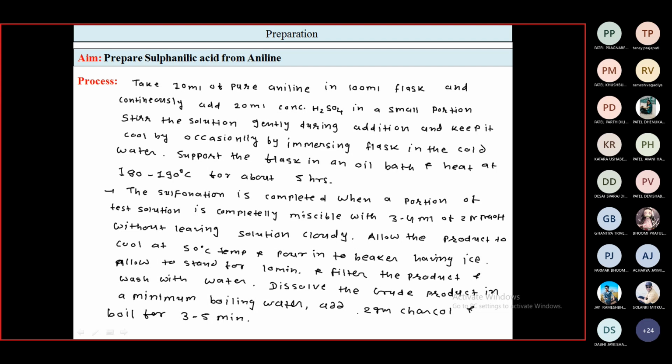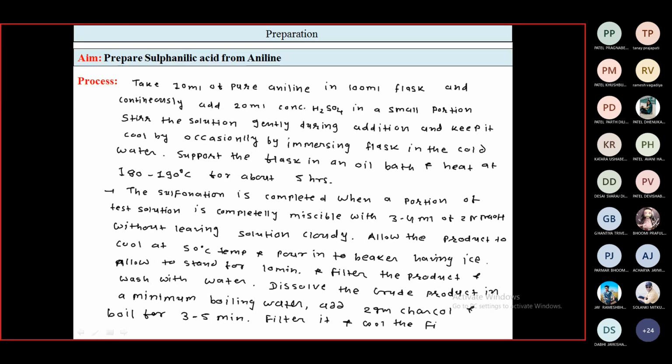Filter the hot water so the charcoal remains on top, and cool the solution or filtrate.